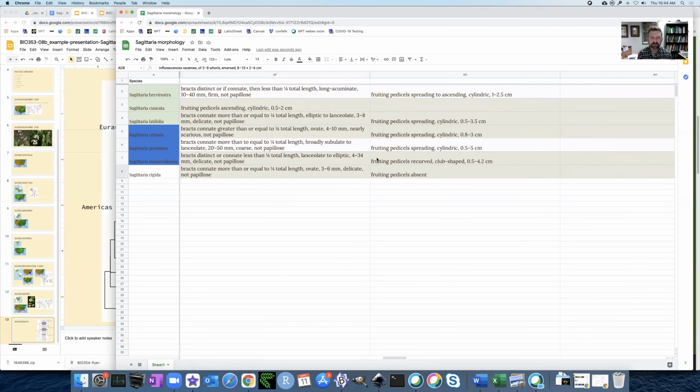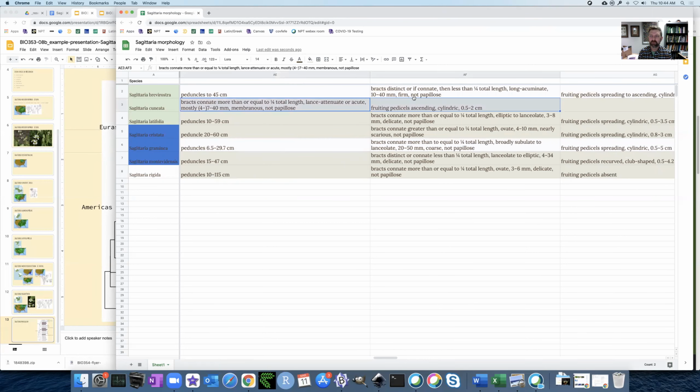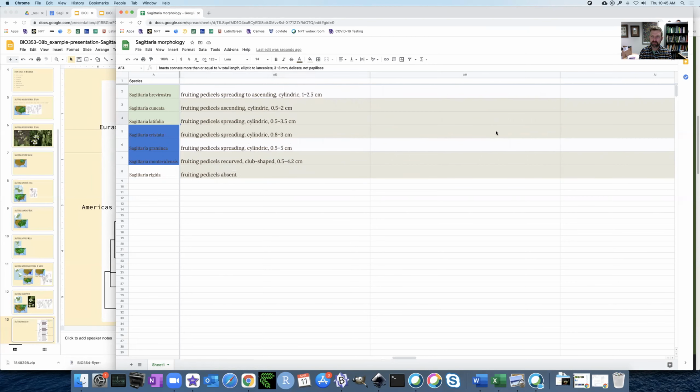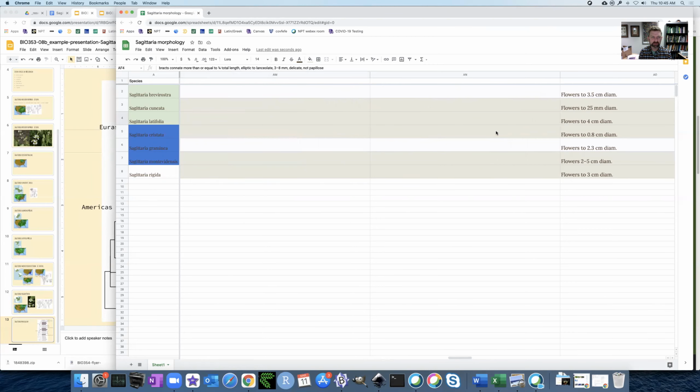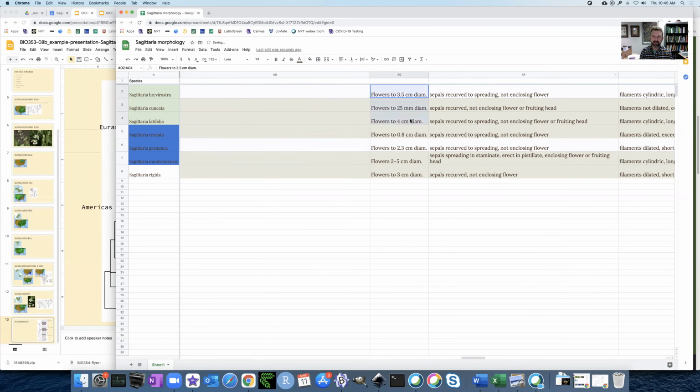Peduncle size. Here we got, those need to be carried over. Bracts, connate, rooting pedicels, ascending, spreading, cylindric. Boy, that's a tough group to diagnose. Flower size. One really big, two mediocre, one really small. I mean, that'd be useful.